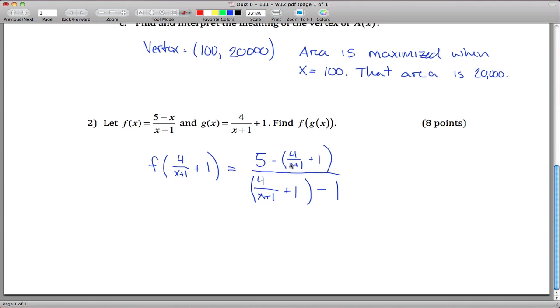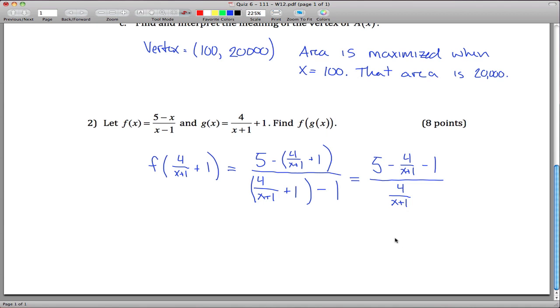Let's see here. 5 minus all this stuff. Okay, so I guess the shortcut way to do this would be, this is 5 minus 4 over x plus 1, minus 1, if you distribute that negative sign through. And down here you have 4 over x plus 1 minus 1. Those just cancel out.